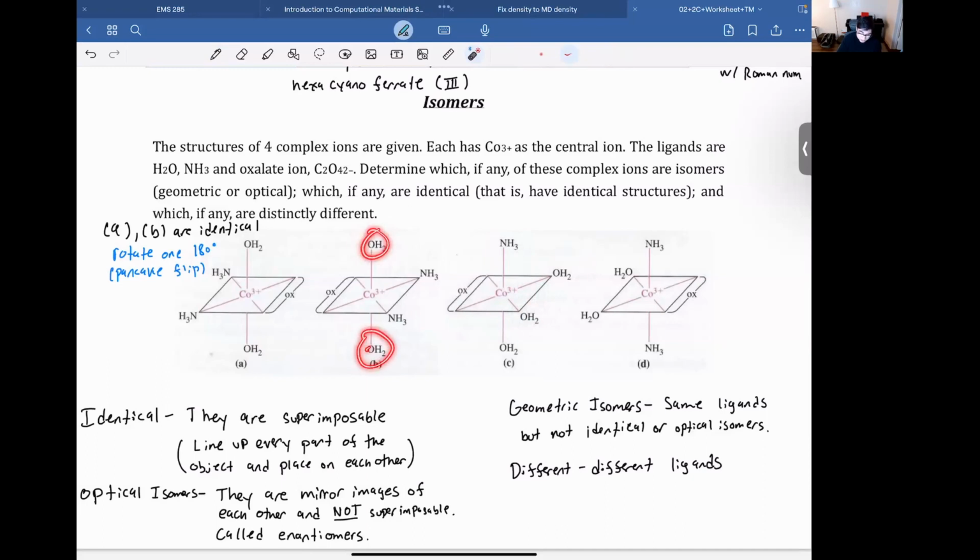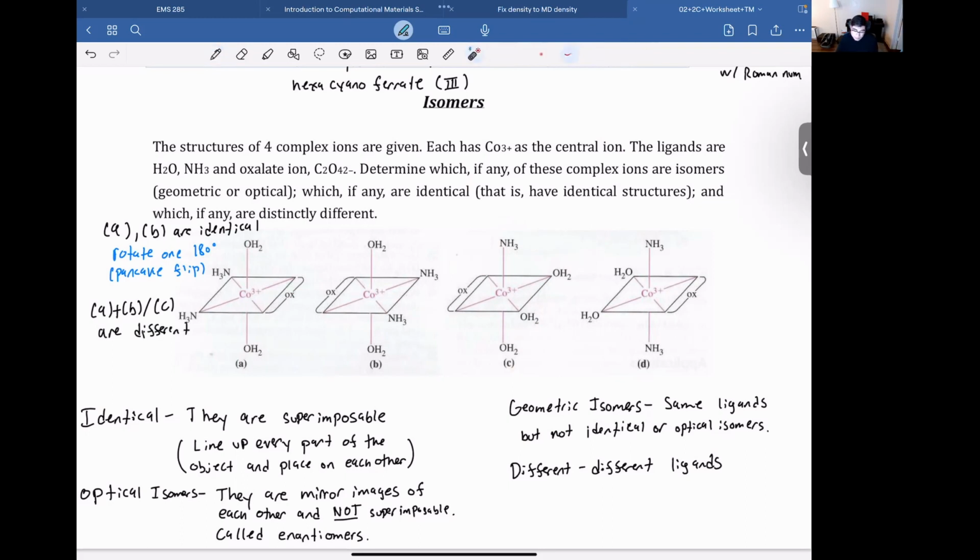You have two waters and two amines on B. On C, you have one amine and you have three waters. So clearly these are just different, right? They don't have the same ligand attachments. I'll put A plus B. These are different. They're just straight up different structures.